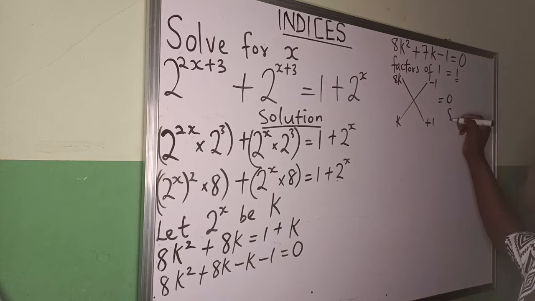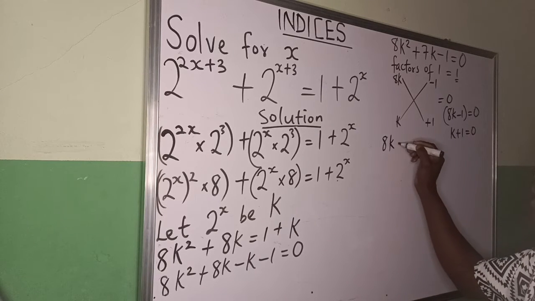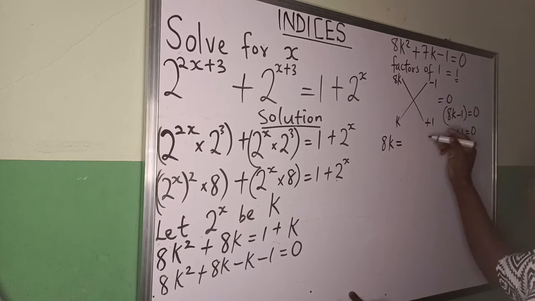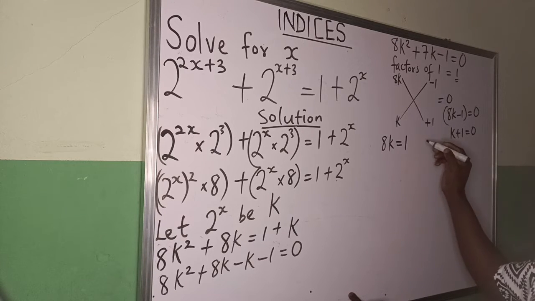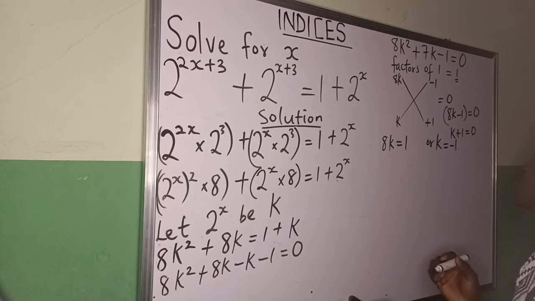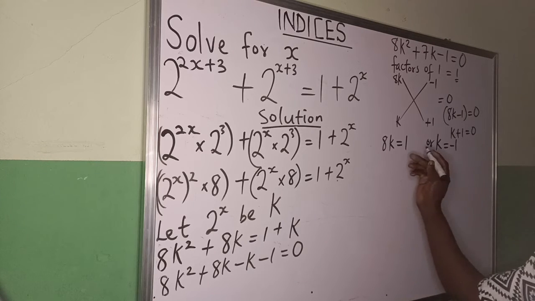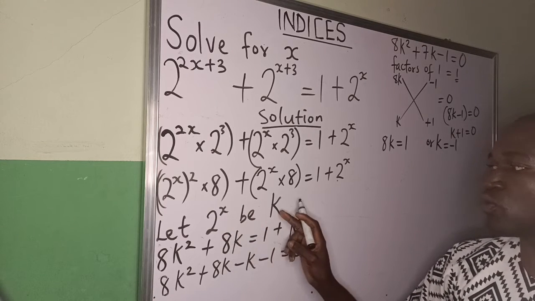So you will be having 8k minus 1 equals 0, or k plus 1 equals 0. Here you will be having 8k equals 1, or k equals minus 1. So if you have k equals minus 1, automatically we set 2 raised to the power of x to be equal to k.